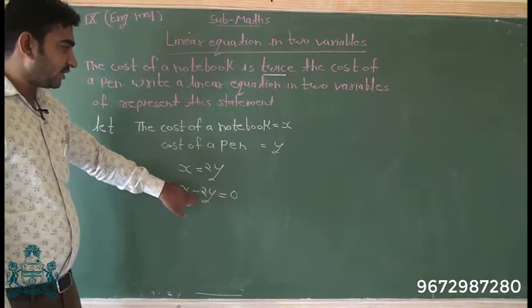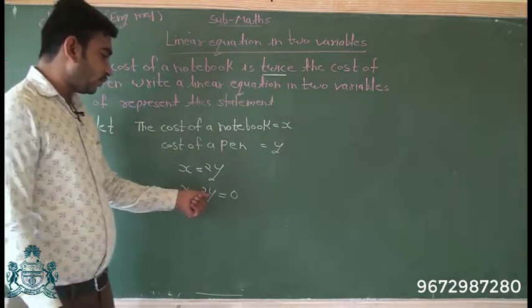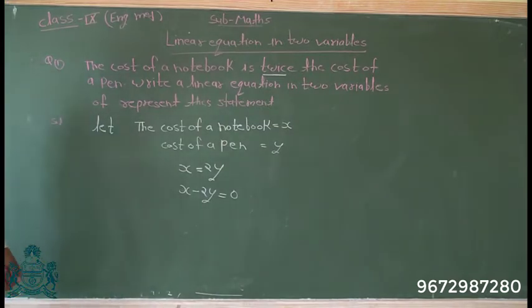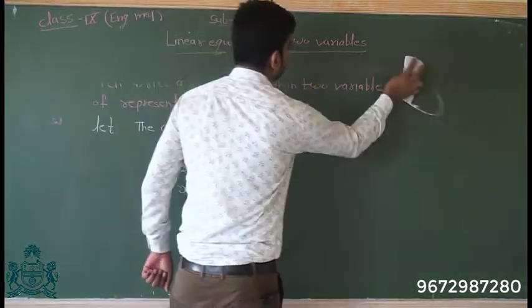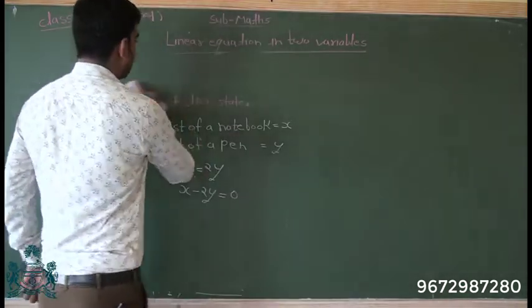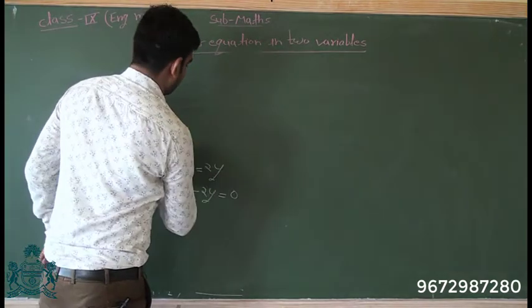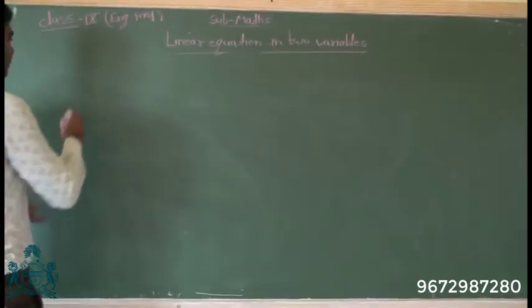This equation is a linear equation in two variables: x minus 2y equal to 0. Next question.